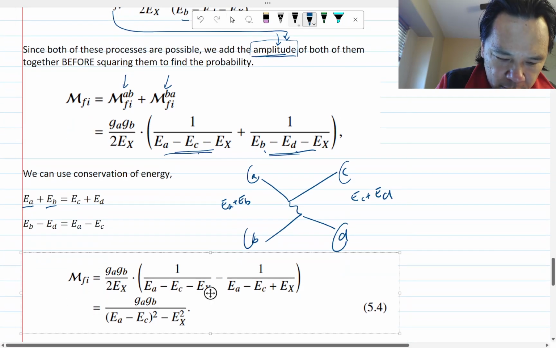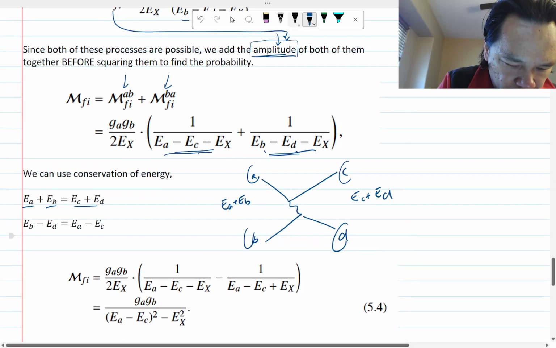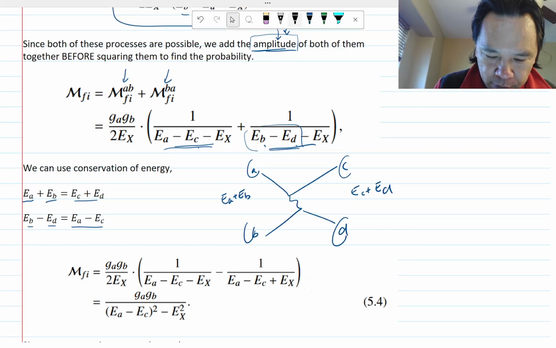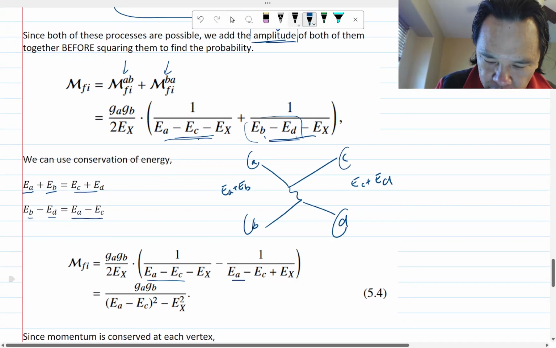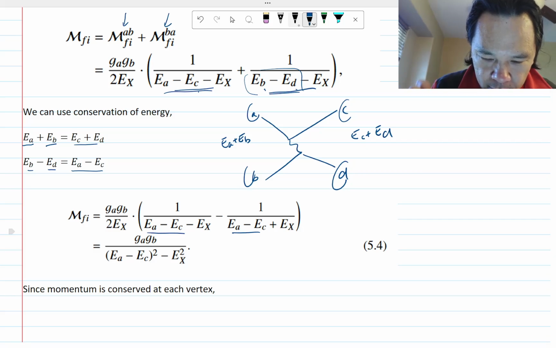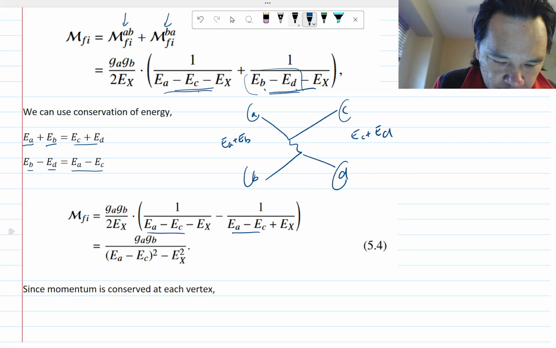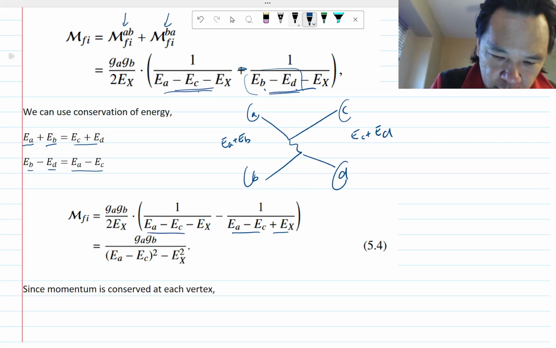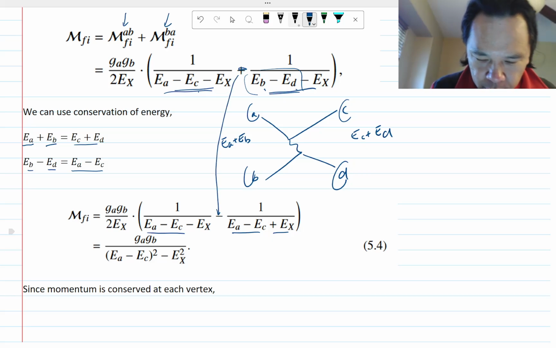What we can do then is solve this for EB minus ED, which is exactly what we have here, in terms of EA and EC. If you do that substitution here, now you have almost a common denominator between them, except the sign of EX got changed. Because you're doing a subtraction, you flip this from an addition to a subtraction.